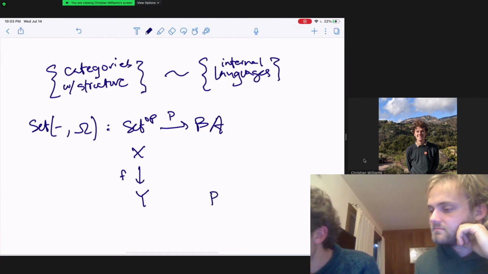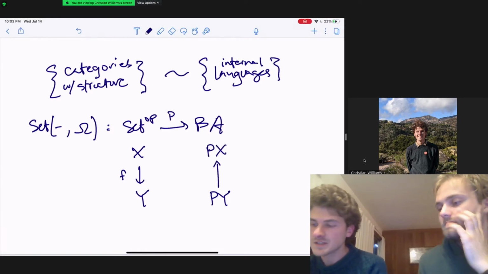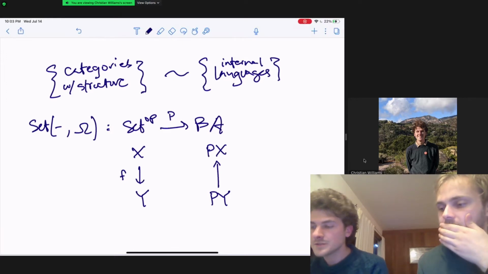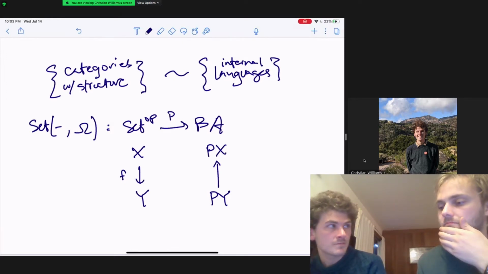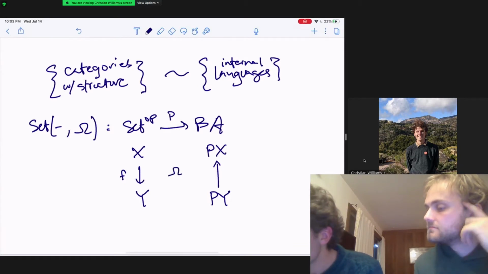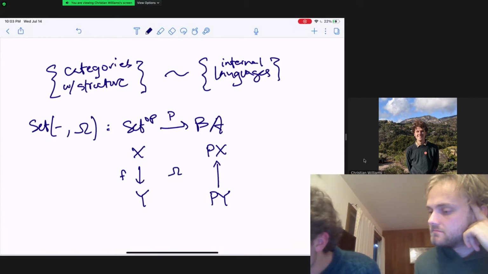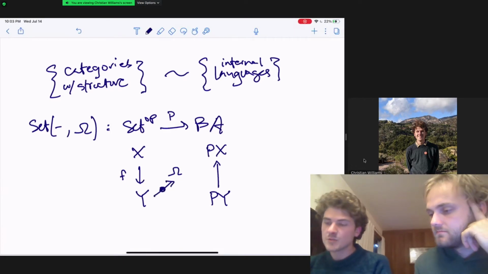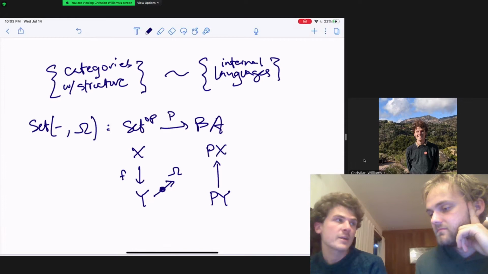we get a triple adjunction. By default, this functor is sending f to preimage. Because we have this special set, and what it's doing is, what's the natural way to take predicates on Y to predicates on X?